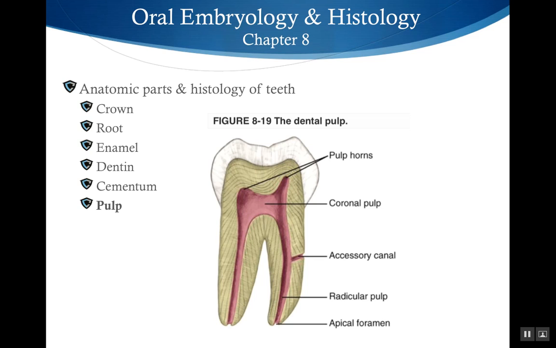Then if it gets close to the pulp, it can cause the pulp to become irritated, and if the bacteria from the decay gets into the pulp, it can infect the pulp, and this is what causes a toothache, and it can eventually lead to the formation of a dental abscess.